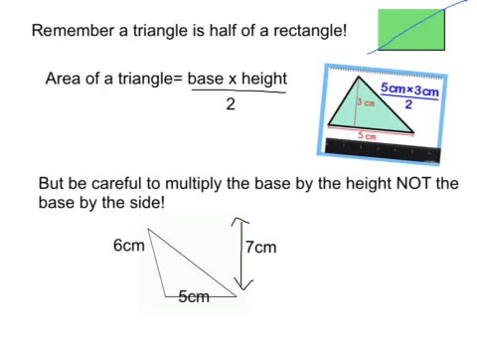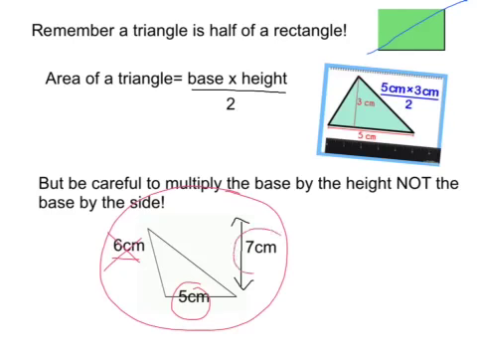Do not get confused. So for example, if we look here at this question, we can see the base is 5 centimetres, and it would be very easy to multiply this by the 6. However, the 6 centimetre is the length of the side. It is the height that I need to multiply by, so the 7.